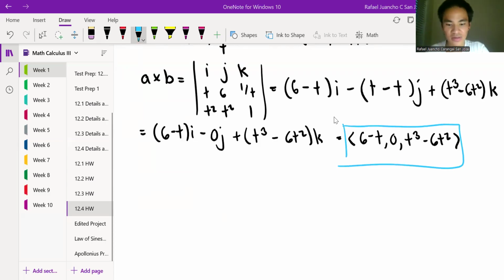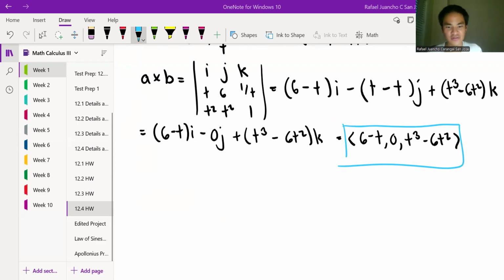I'm gonna plug in and see what happens. So my first component is 6 minus t. Second component is 0. Third component is t cubed minus 6t squared.